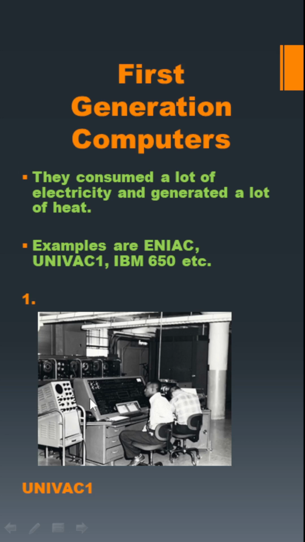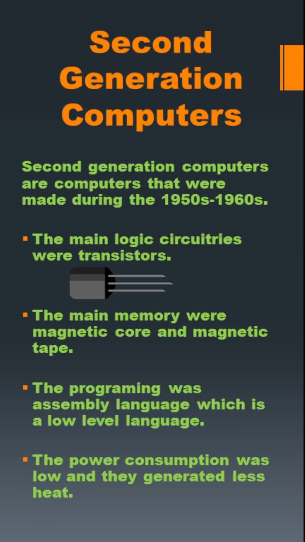So we move to the next one, which is the second generation computers. The second generation computers are computers that were made during the 1950s to 1960s. The main logic circuitries were transistors. These are transistors.